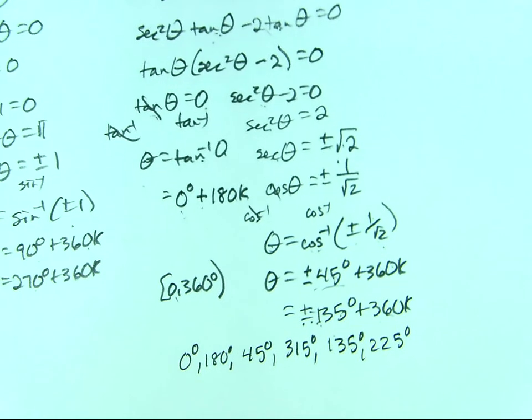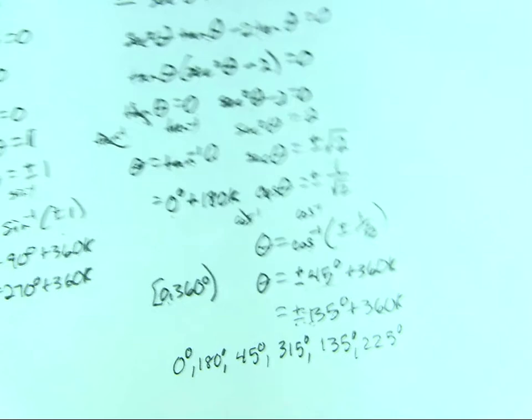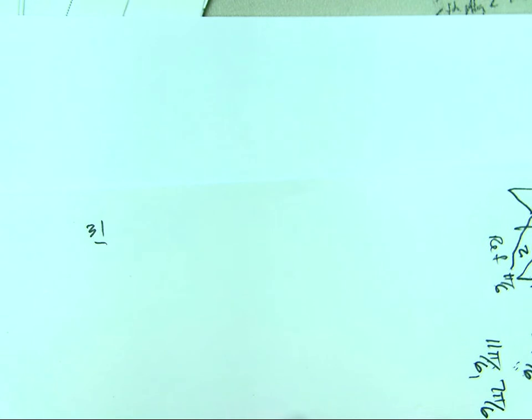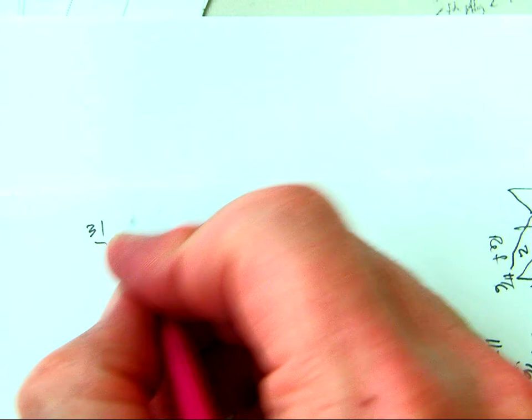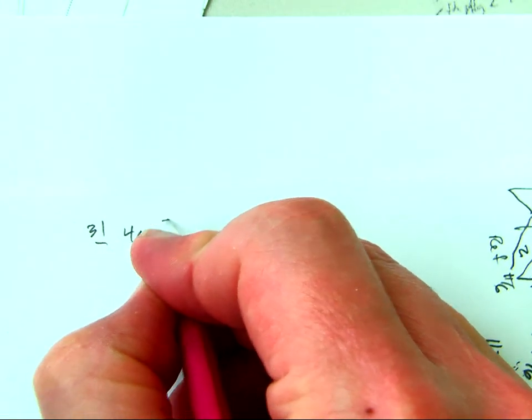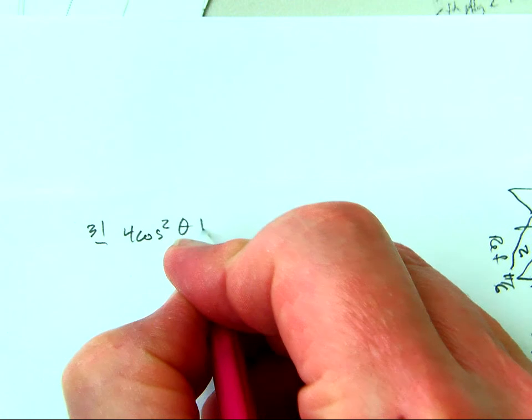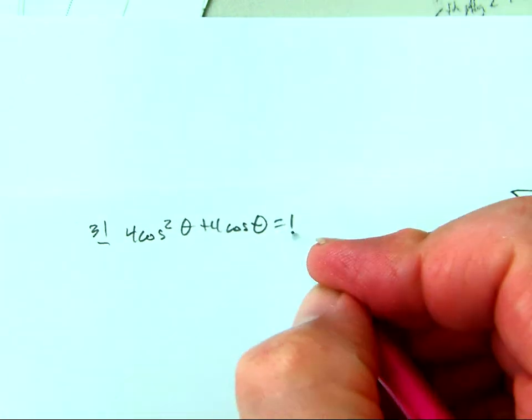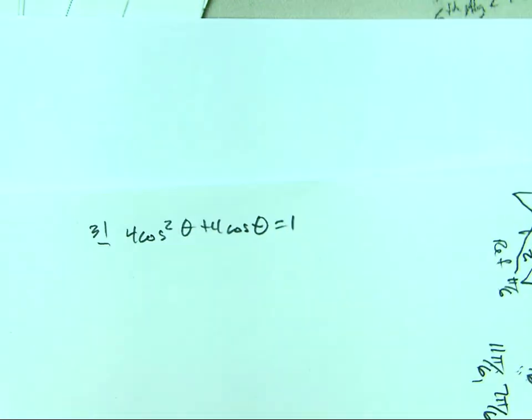All right. The last one, let's do 31. So if we look at that, how many trig functions are there?